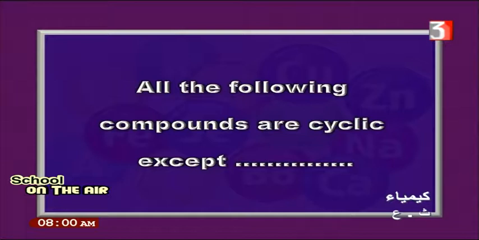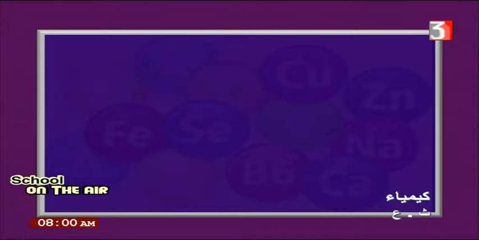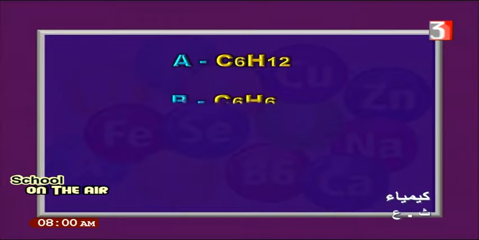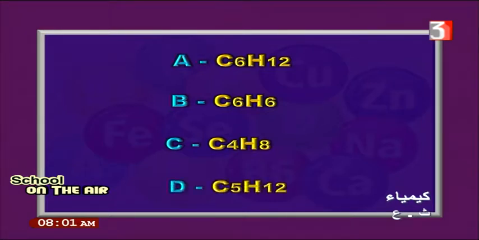The following compounds are cyclic, except one. Yes, all of them are cyclic except one. Let's see. A, C6H12, cyclic, or C6H6, benzene, cyclic, or C4H8, cyclic, or C5H12.